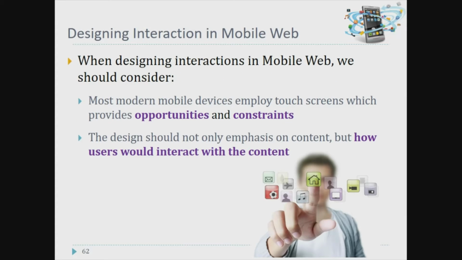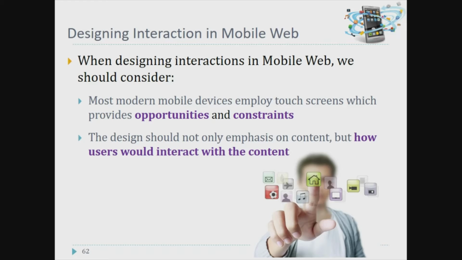So, designing interaction in the mobile web. When we want to design the interaction in mobile web, we should consider, first, that most modern mobile devices employ touch screens, which provide opportunities and constraints to the users.